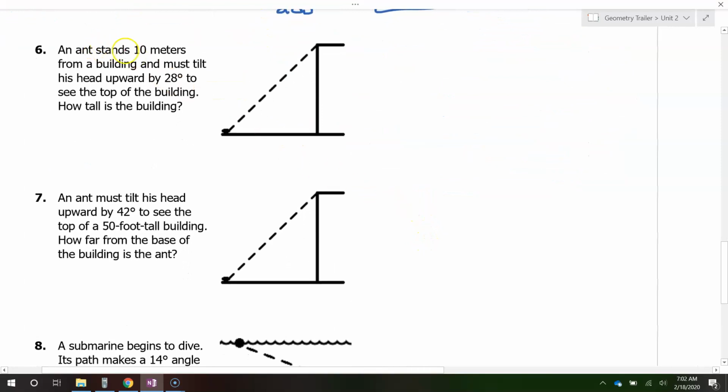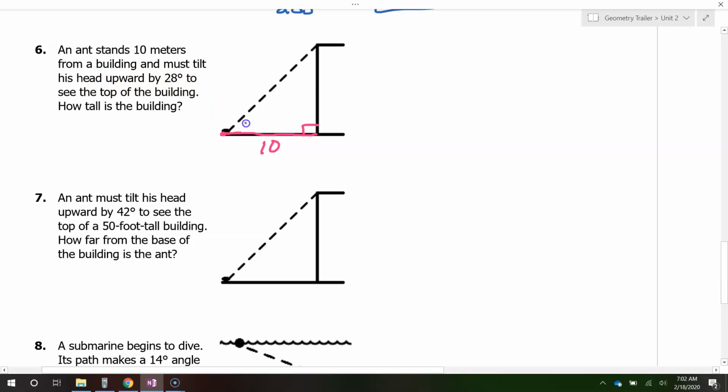All right, an ant stands 10 meters from a building. So the distance between the ant and the building is this right here, and that's going to be 10. And he must tilt his head upward by 28 degrees.